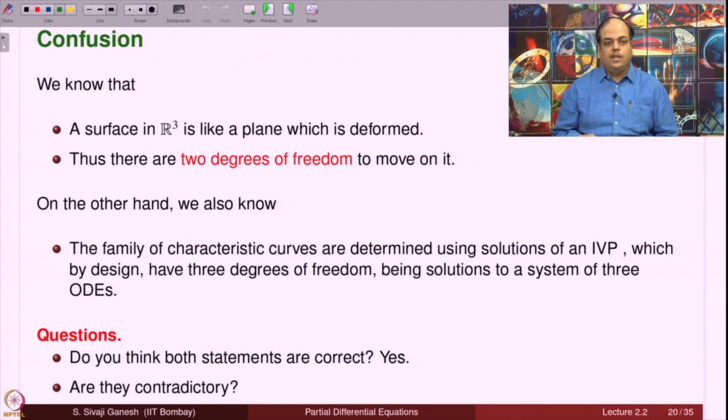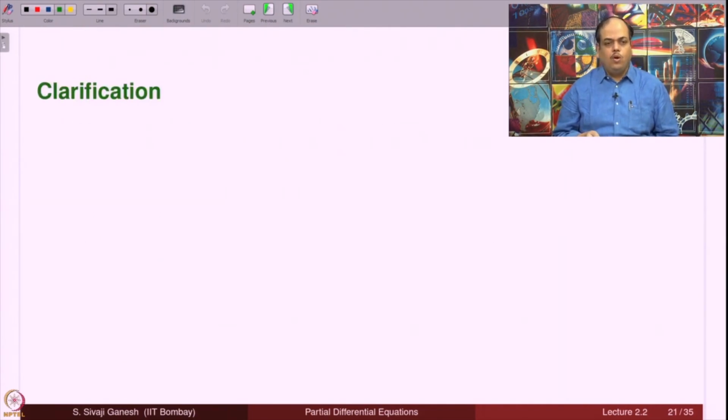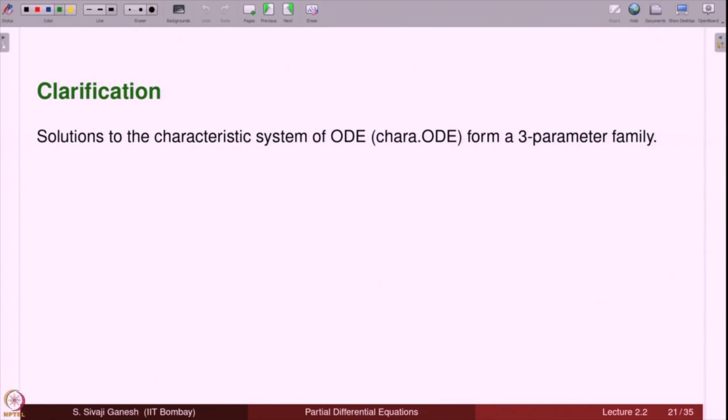Because you are saying on one hand there are 3 degrees of freedom for these curves which are lying on the surface, while the surface itself has 2 degrees of freedom. Are they contradictory? The answer is no. The clarification is the following: solutions to the characteristic system of ODEs form a 3 parameter family. Why? Because they are parameterized by the points of omega 3.